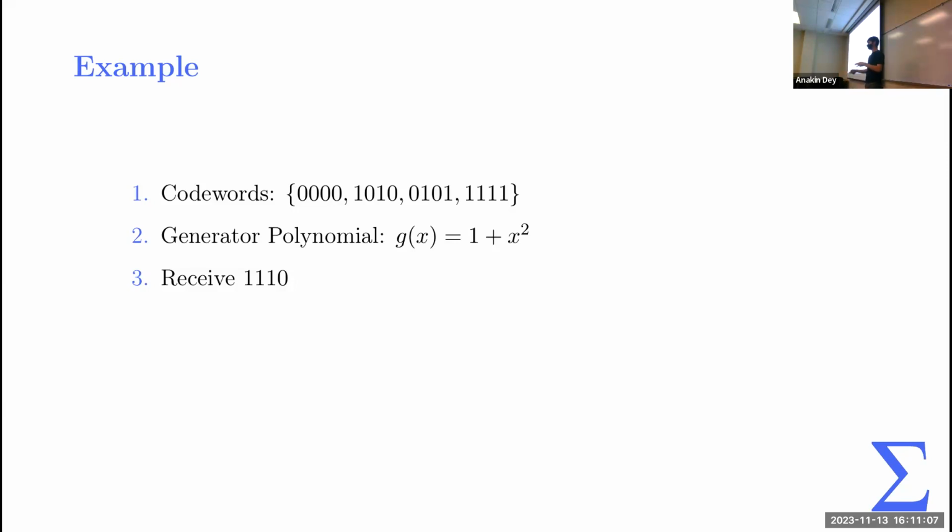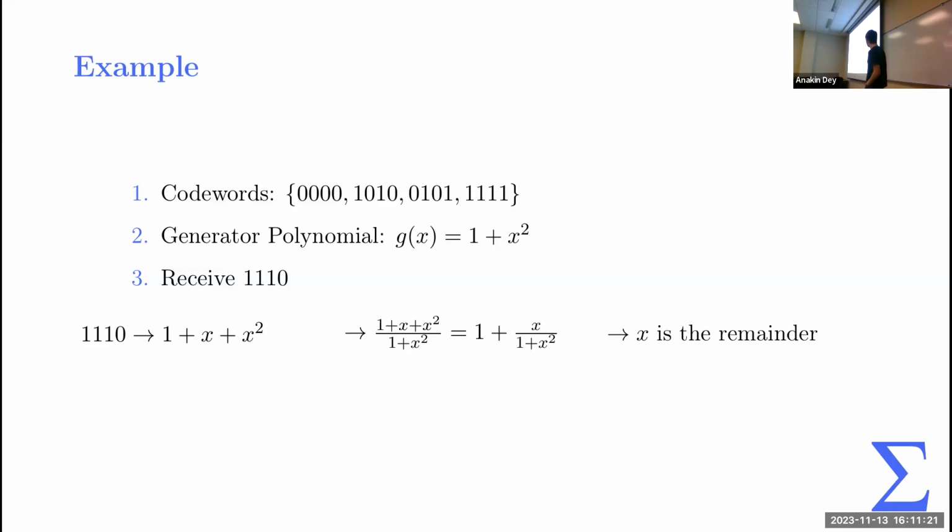So, assuming there's only one error, which let's hope there's only one error, we can first encode 1, 1, 1, 0 as a polynomial, divide by g of x, our generator, which is 1 plus x squared, which is 1 plus x over 1 plus x squared. So we have x as a remainder.